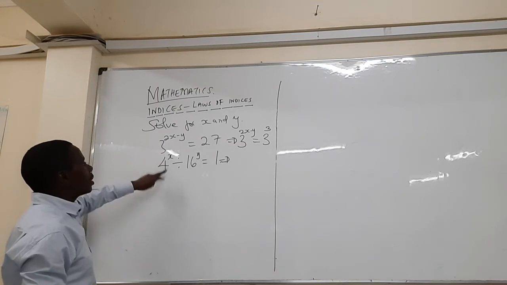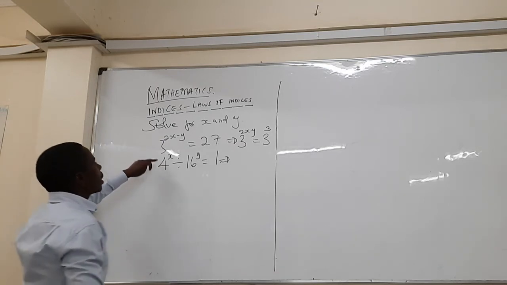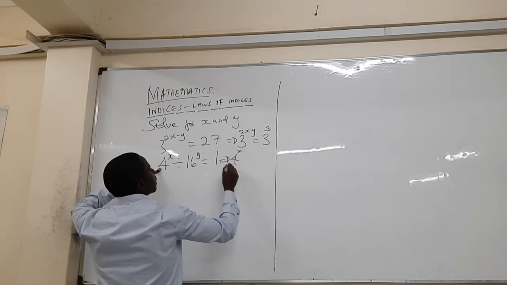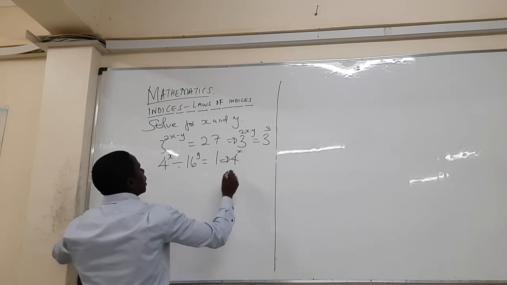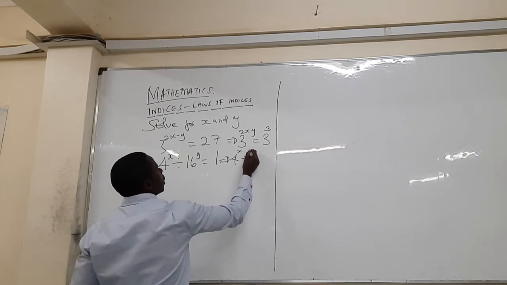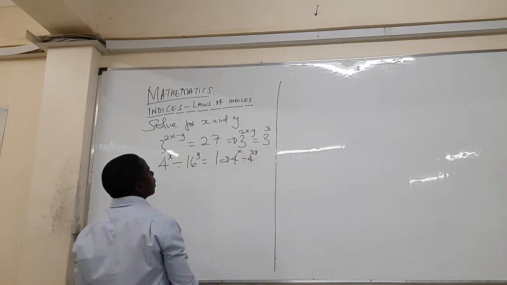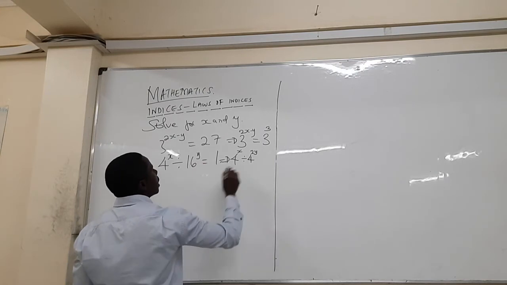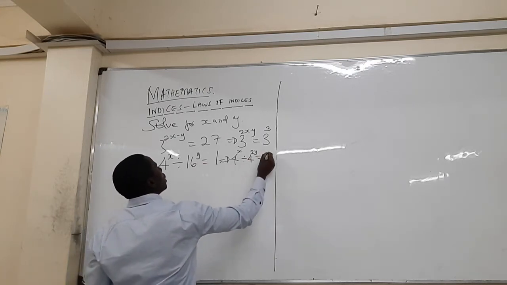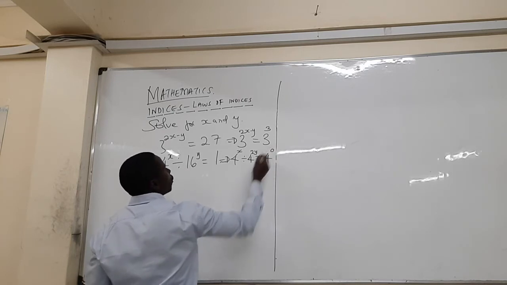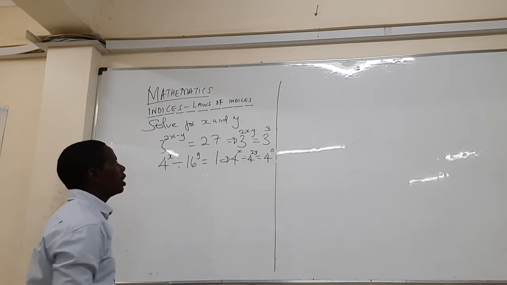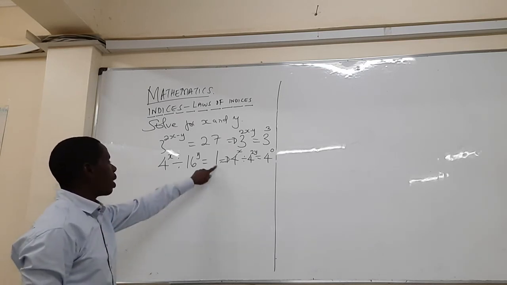Maybe we can just use the base of 4. So we have 4 power x divided by 16, that is 4 squared, to the power y, so 4 power 2y, is equal to 1. In the base of 4, 1 is 4 power 0. We said previously that any number power 0 is equal to 1.